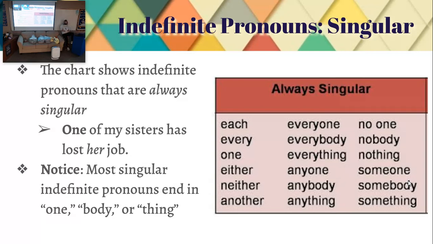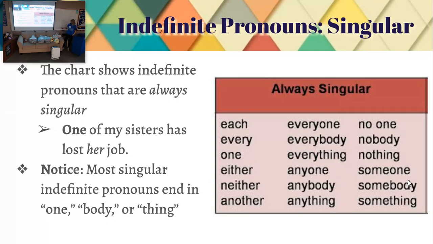Now one thing I want you guys to notice to help you remember this is obviously you're not always going to have the chart with you, especially not on the test. For your homework, use the chart. That's why it's there. But my little trick to remember your singular indefinite pronouns is this. If you look at your list, most of these will end in the words one, body, or thing.